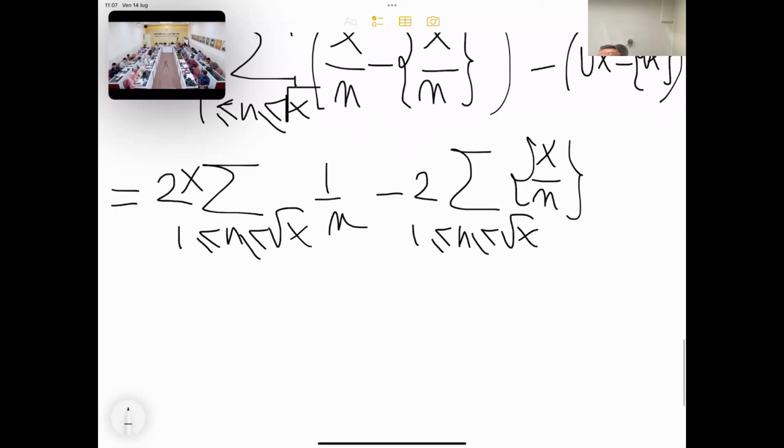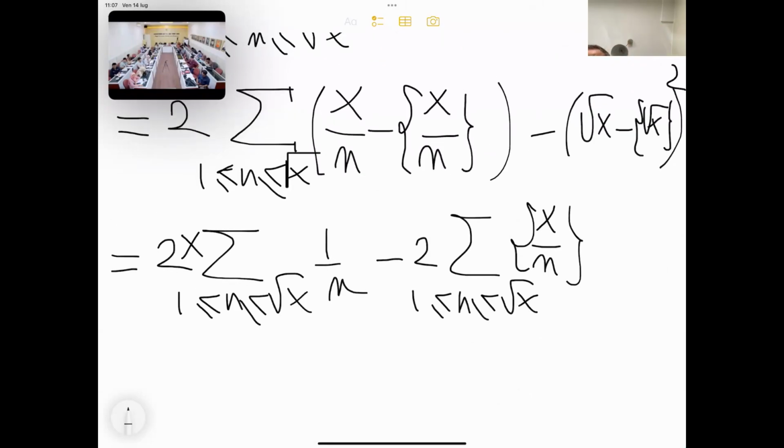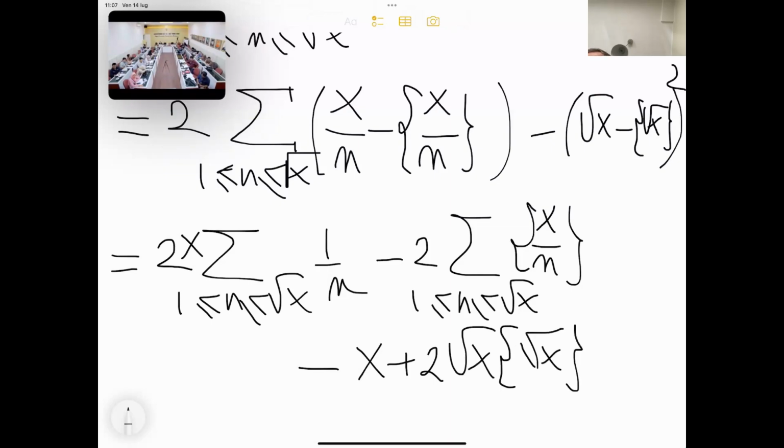Then on this side, I can square it. So it's a minus. The square of the first is x. And then there's the double product, which is plus twice the square root of x times the fractional part of the square root of x. And then there's a minus the fractional part of the square root of x squared. Okay.